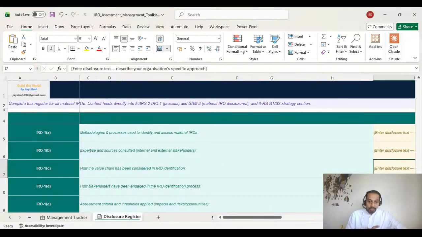And for the initial IRO identification using the six source framework, build your long list, map your value chain, begin your stakeholder engagement, and then next month, next quarter, complete the whole assessment, prioritize, begin mapping to the financial statement, and develop a management strategy for your top priority IROs.